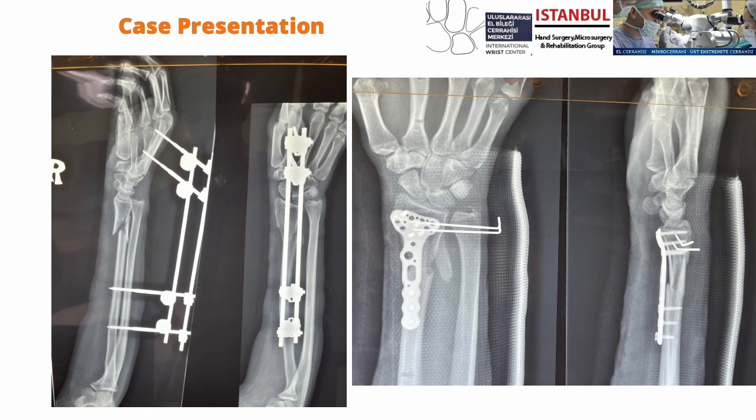After removal of the K-wire, 6 weeks later, the patient still had DRUJ instability, but came to our center 17 months post-injury.